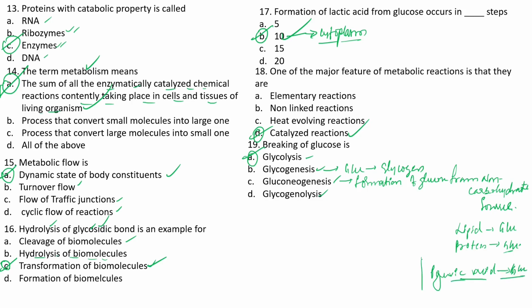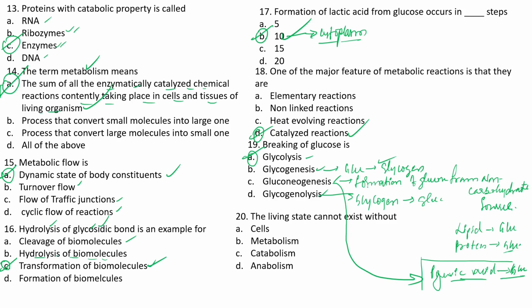So this is the actual pathway of gluconeogenesis. Lastly we have glycogenolysis, where glycogen is broken down to give us the glucose, exactly the opposite of glycogenesis. So these are some other terms that you have to remember.